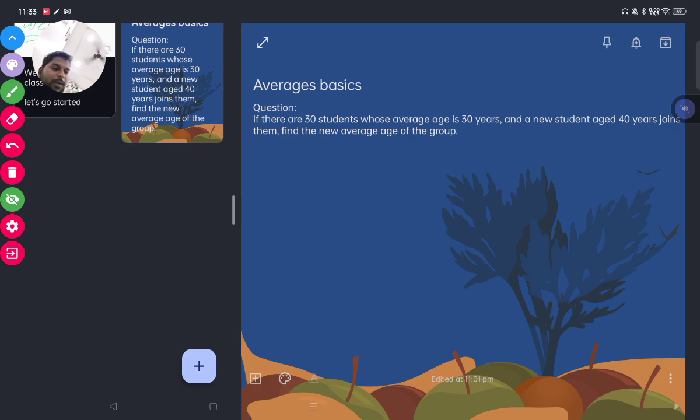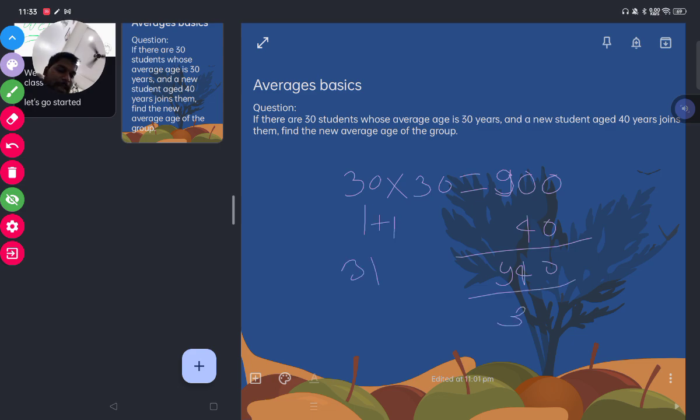There are already 30 students whose average is 30, so the summation becomes 900. Adding the student's age of 40 makes it 940, and the number of persons increases by one, so it becomes 31. So 940 by 31 is the average.